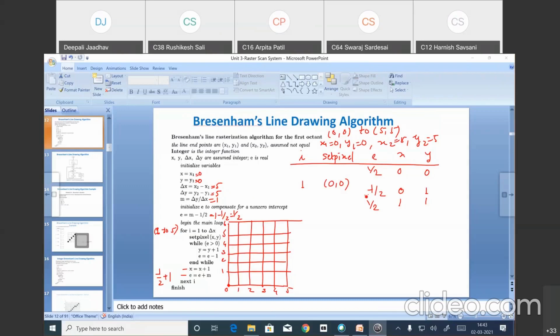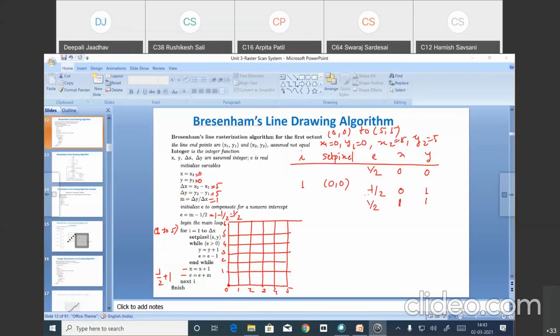Then x remains as it is. Next, end while, x is equal to x plus 1, so 0 becomes 1 here. And then E is equal to E plus m. So E is minus 1 half plus 1, which becomes 1 half. y remains as it is.